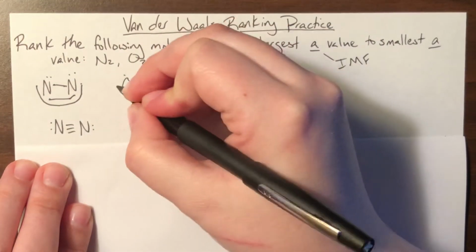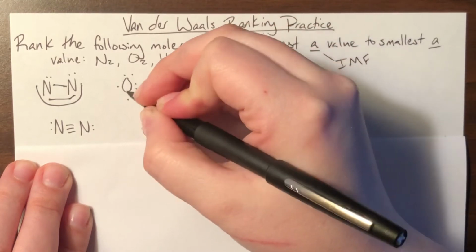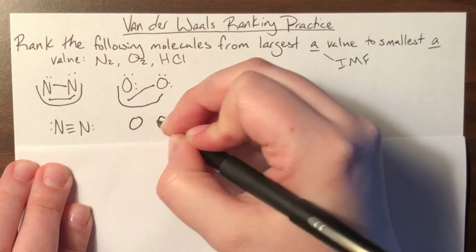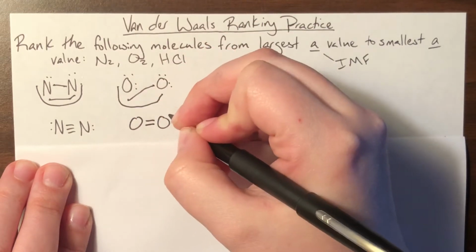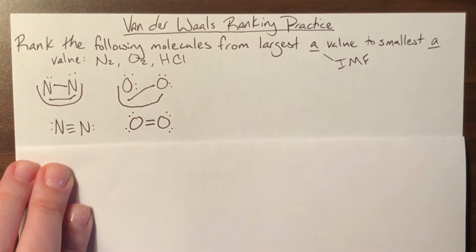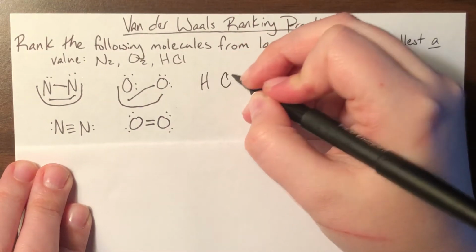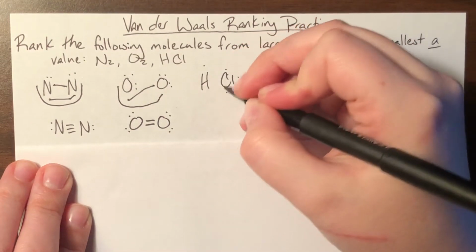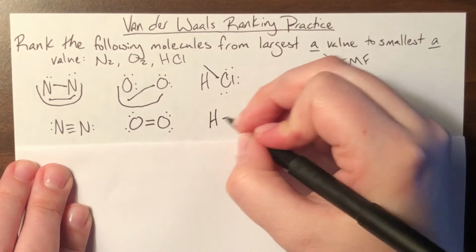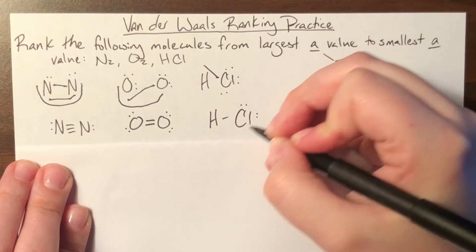Then for oxygen, I'm going to have a double bond, each oxygen having two lone pairs. And then for HCl, I will have a single bond, H having no lone pairs and chlorine having 3.